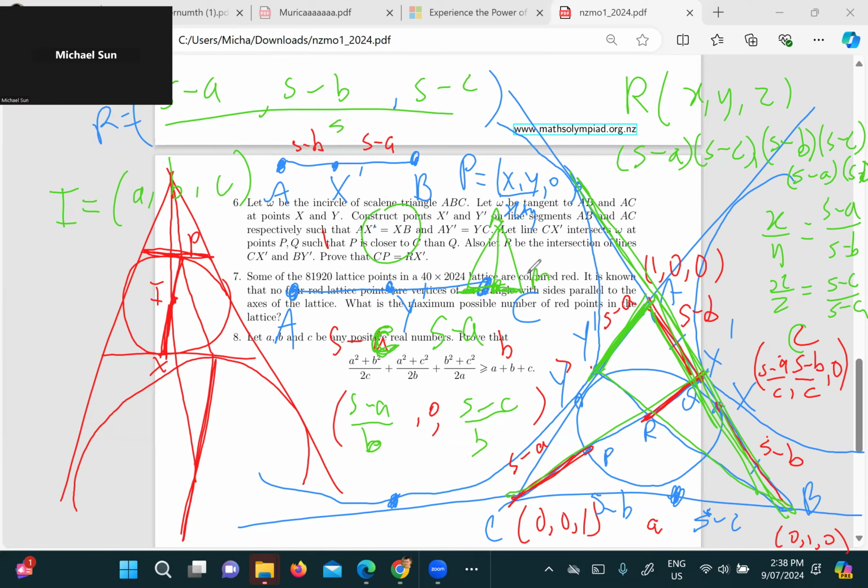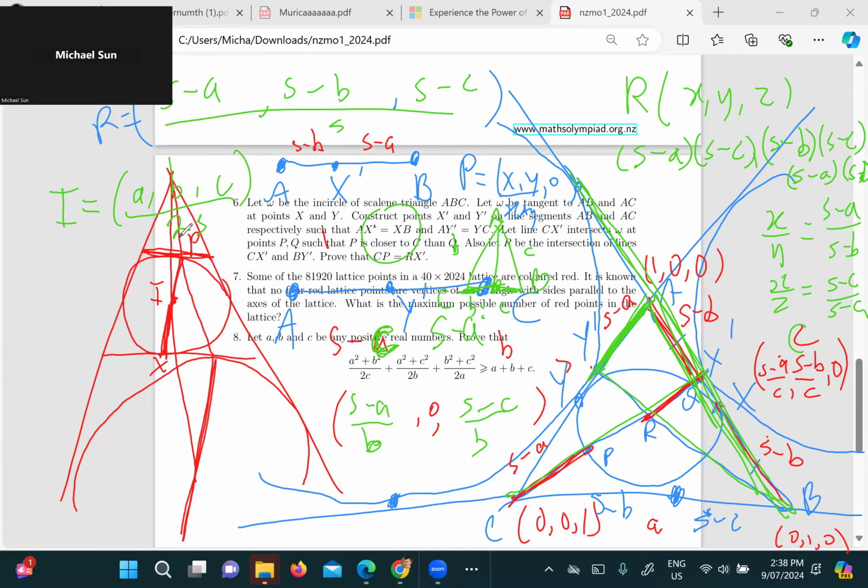If it's A, B, C, this is C, B. So the ratio is B is to C, right? And then you swap it because the coordinates are reversed. So it's B is to C. Does that make sense? Yeah. Because I is ABC, but it's over like 2S, if you want to normalize it.